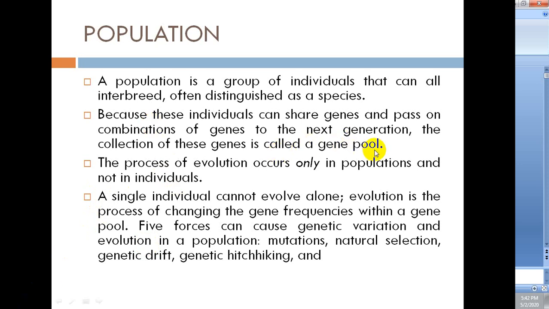All genes present in the population constitute the gene pool. And the process of evolution occurs only in a population and not in an individual. A single individual cannot evolve alone, and evolution is the process of changing the gene frequency within a gene pool.